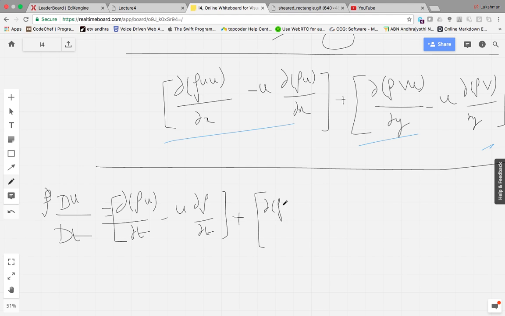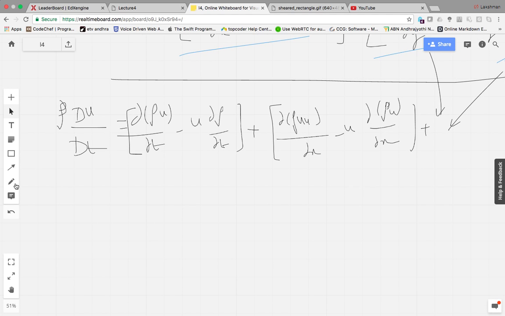So let's consider this term. I'm just simply copy pasting, nothing else, plus this term, and similarly for the z term you'll just need to write those terms. So whatever I'm doing is just simple manipulations. So write this one, del rho u by del t plus, just combine these terms, del rho u by del x.